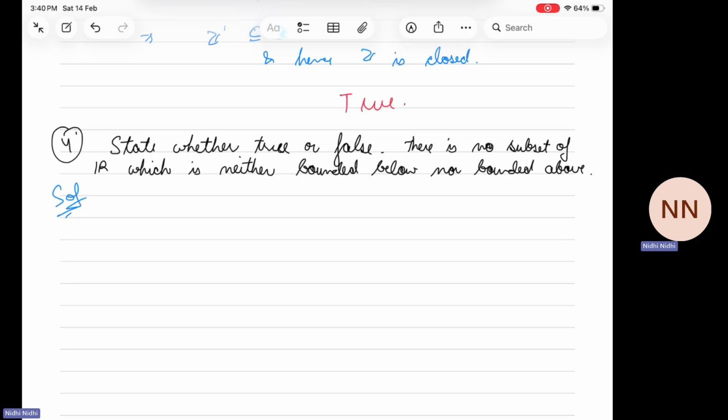So is it true? I would like you to think whether, if this is false, then we should be able to find some set which is unbounded below as well as unbounded above.